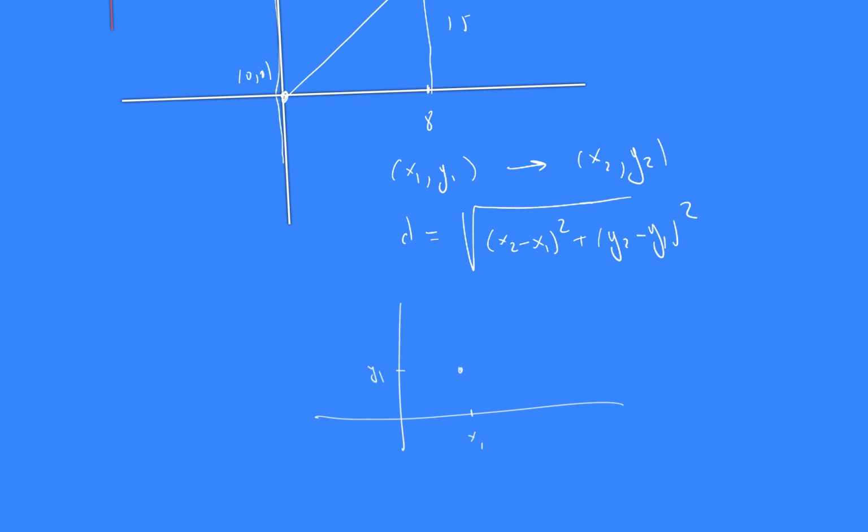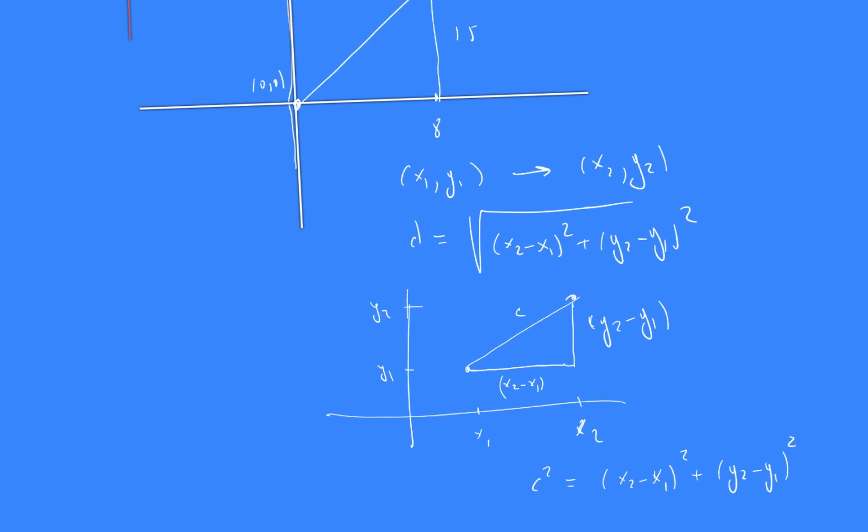This is the point x2, y2. The distance c squared is x2 minus x1 squared plus y2 minus y1 squared.